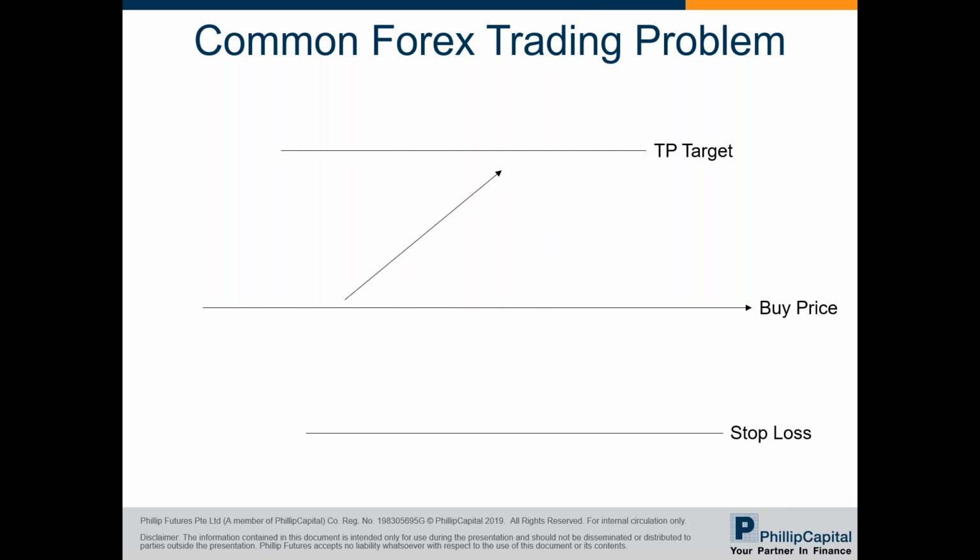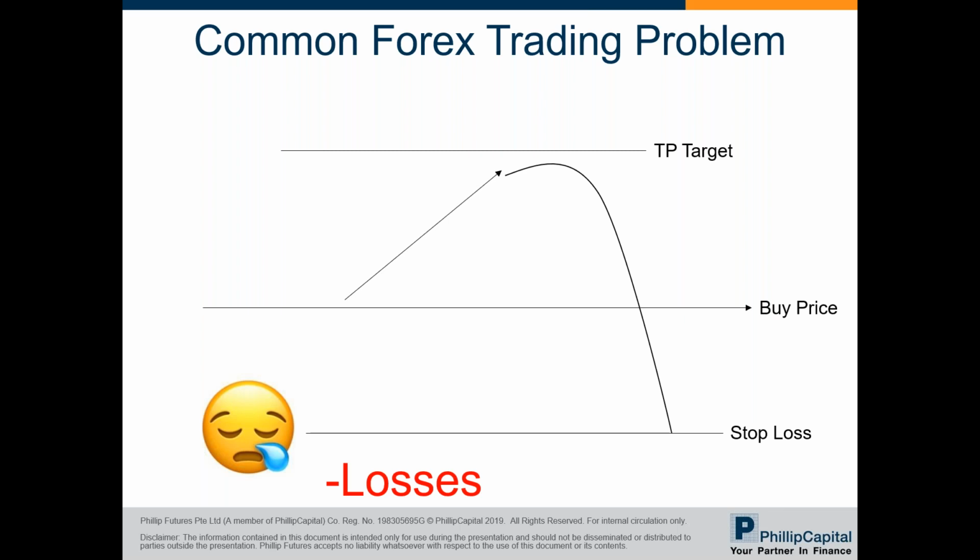Then you see the market going up, almost hitting your TP target but haven't reached yet, and you're pretty happy. Okay, I see blue, it's good. And then suddenly the price starts to come down, drops all the way down, and hits your stop loss. And you're like, oh man, that's not good. You have losses instead of profits.